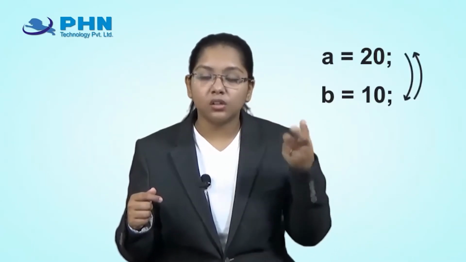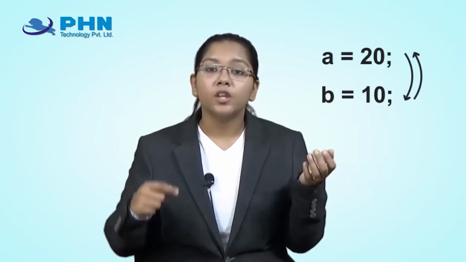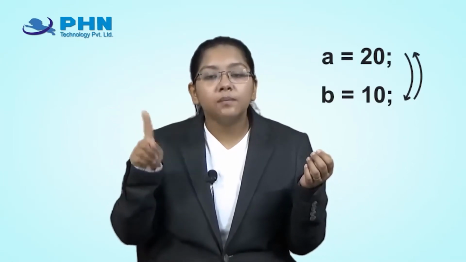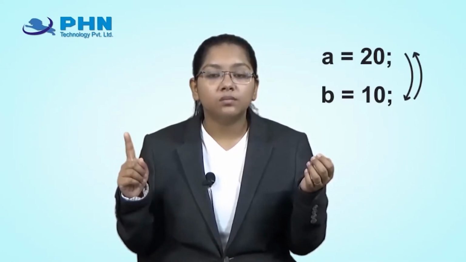Let's say you have variable A and variable B. A's value is 20, B's value is 10. Swapping the numbers means swapping the values, but you also want to change their addresses. In the physical memory you want to swap the values.